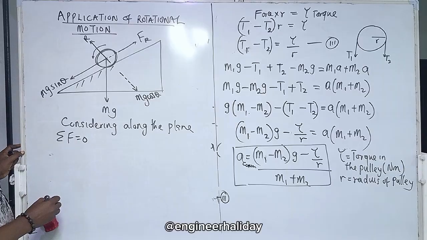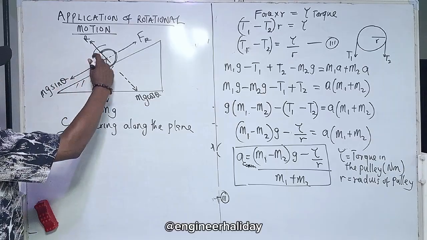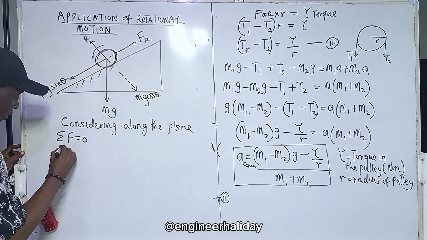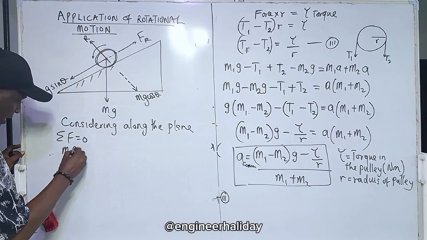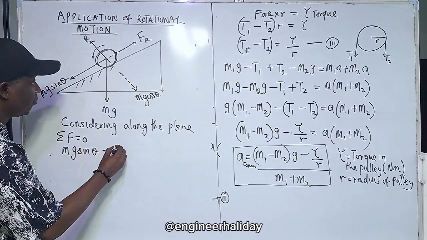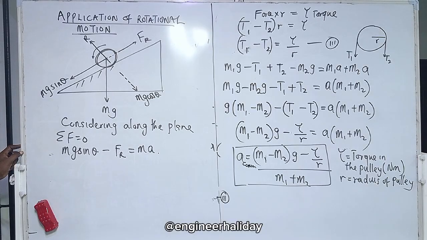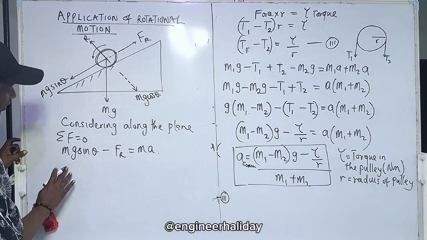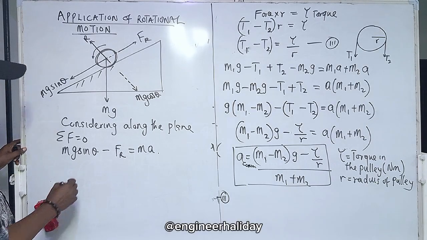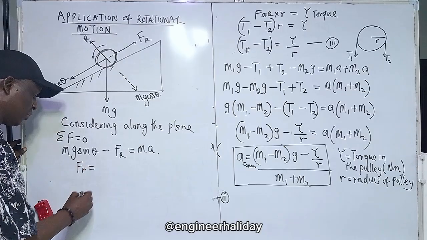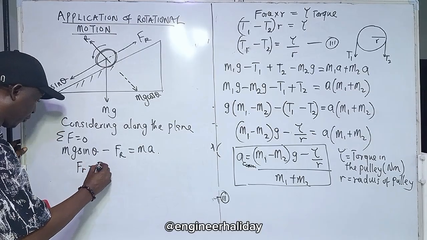This one must overcome this one because it's going down. So the net force there will be mg sin theta minus frictional force equal to ma.